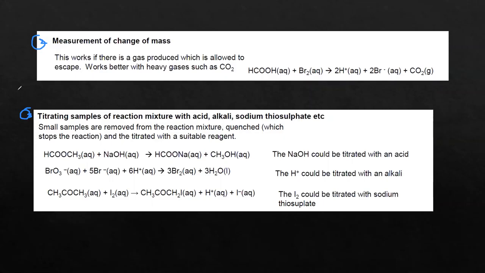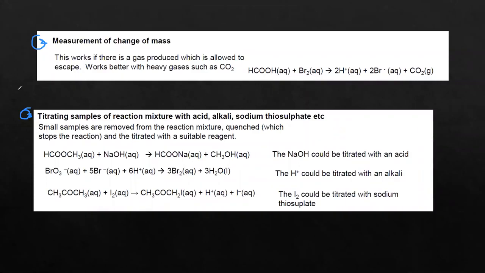So what we will do, we can use the concept of a titration to identify the speed or the rate of reaction. And this technique works best if there is an acid in the reaction mixture, or an alkali, or sodium thiosulfate, or iodine.